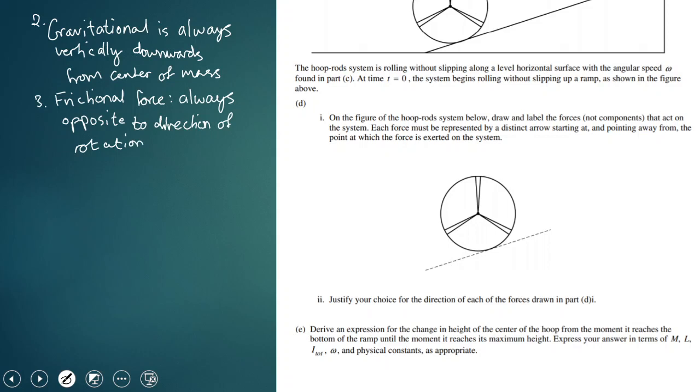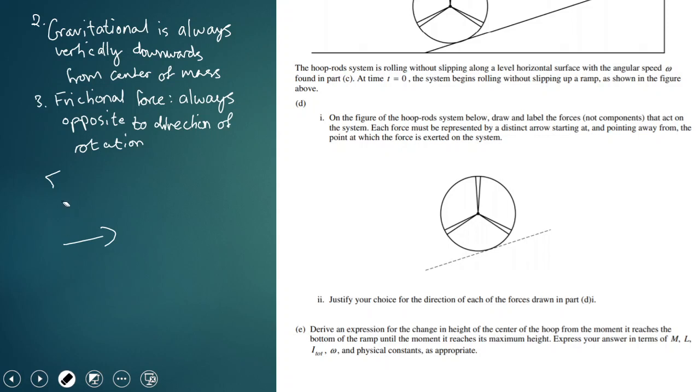And so while our motion may be up the ramp, our rotation in this case is actually counterclockwise. And so because our rotation is in this manner, our frictional force has to be opposite to that.